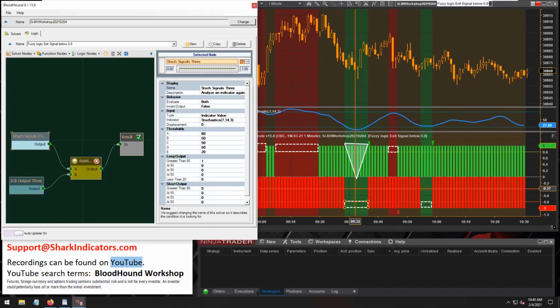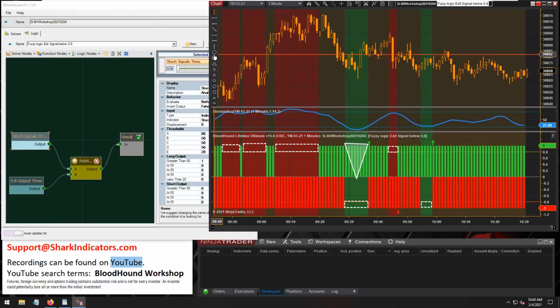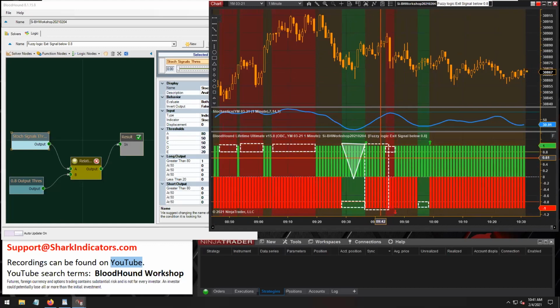Let me show what we do want to keep: the bars where there's long and short together. Let's move that over. There we go. Whenever there's a single output, like a long only or a short only, we want to get rid of those.